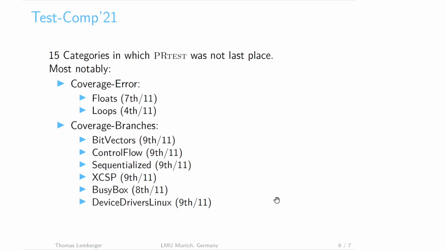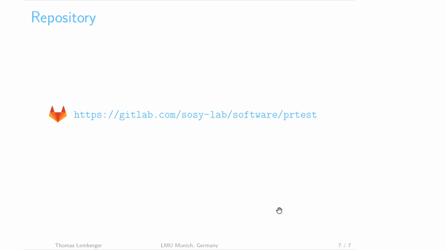So there are only 3 out of 10 tools that are better than PRTest in finding a single error location in the loop category. So it's interesting to look at the result tables in detail, check which tools that are and why they perform worse. So maybe these tools could benefit from some randomness.